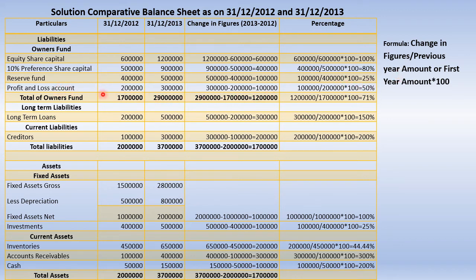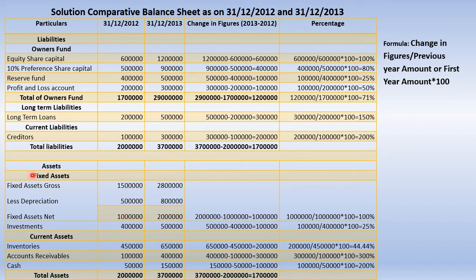It is 1 lakh divided by 2 lakh into 100, I get 50%. Next it is a total of owners fund, 12 lakh divided by 17 lakh into 100, I get 71%. Long term loans it is 3 lakh divided by 2 lakh into 100, it is 150%. Creditors it is 2 lakh divided by 1 lakh into 100, I get 200%.